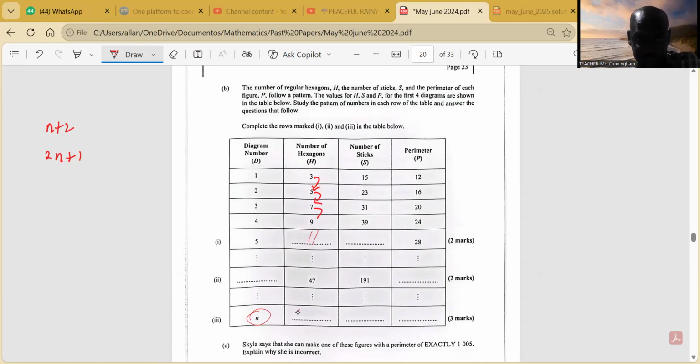And this would be, of course, 2n plus 1. And if 2n plus 1 is 47, you all agree with that, right? It's equal to 47. So 2n is equal to 46. 47 minus 1.